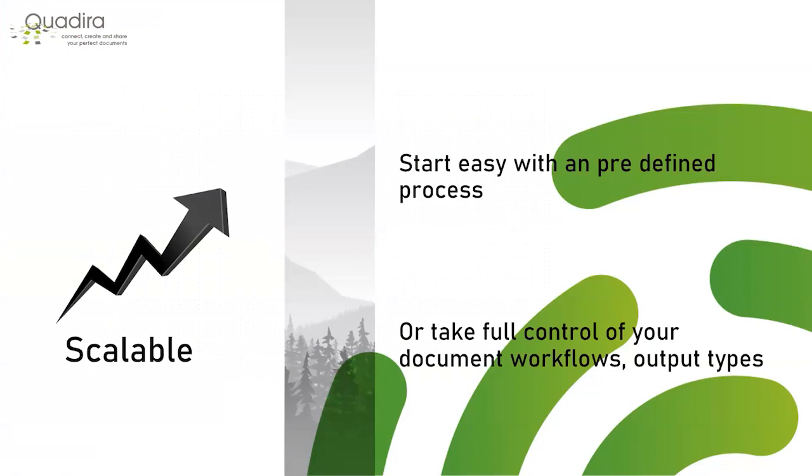You could just go to the app source, install it from there, and within let's say 5 minutes, you're good to go, and be flexible with our solution when it comes to document output management. Or take full control of your document workflows, output types, etc. We can grow with your business. You can grow with our solution with your business.